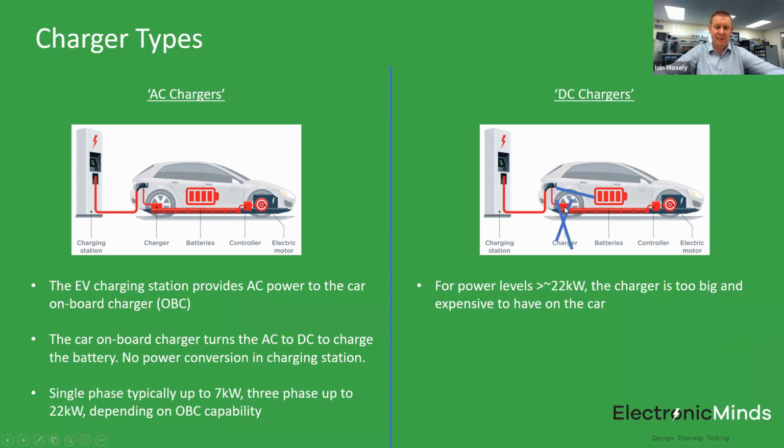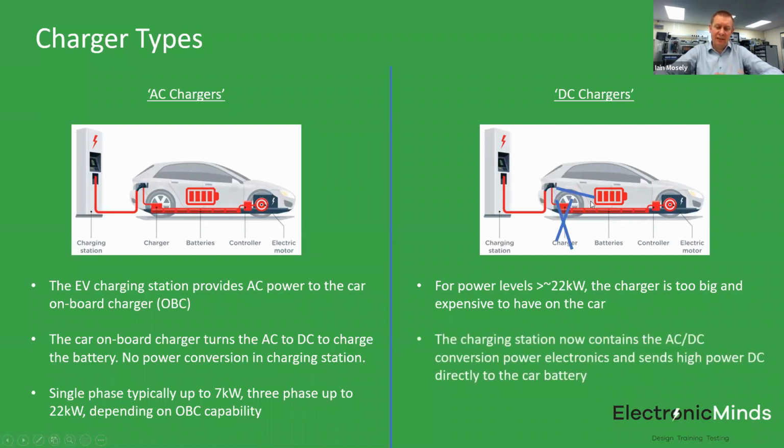In fact, effectively, it's a bit like the onboard charger on the car has shifted out and is now sitting in the external station. The power levels you can get really are then determined by the availability of AC power, but more importantly, the power capability of the battery, or the ability of the battery to absorb energy and the rate at which you can charge.